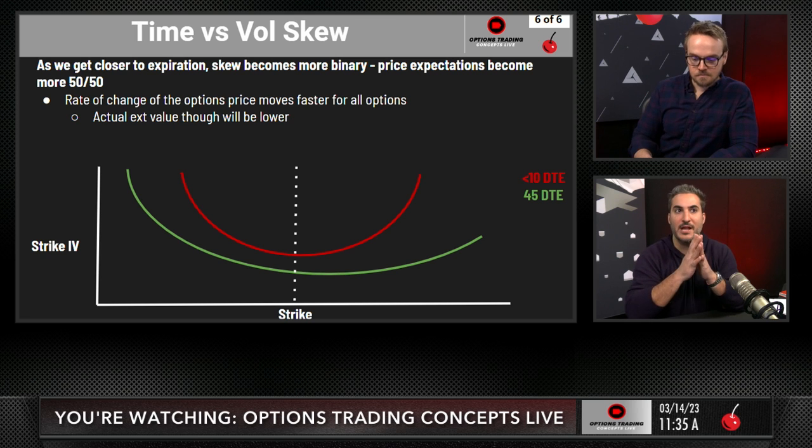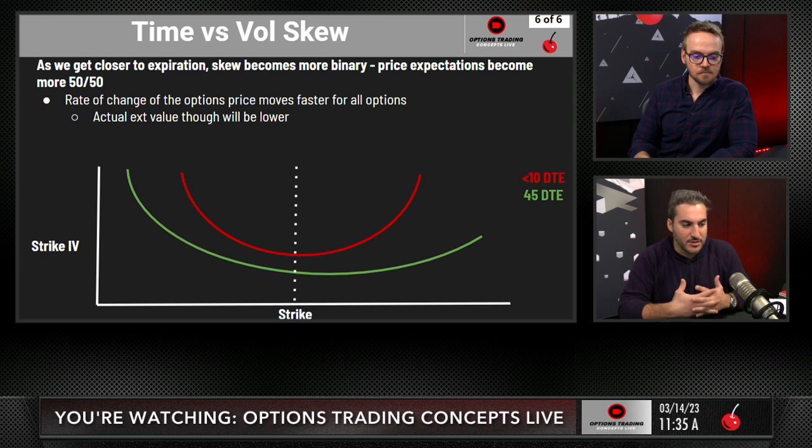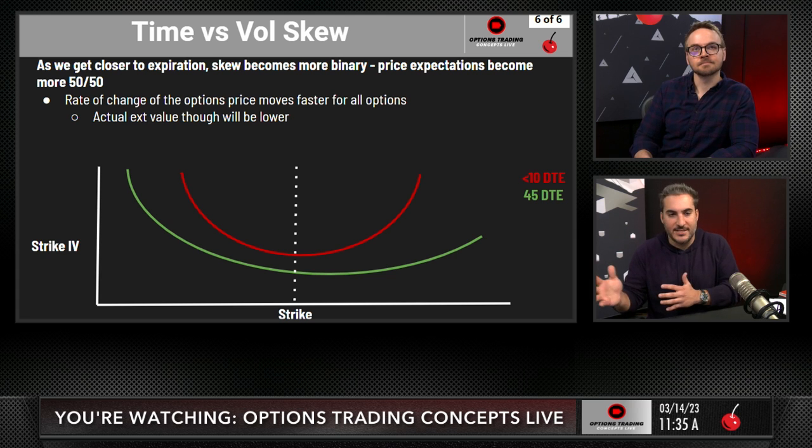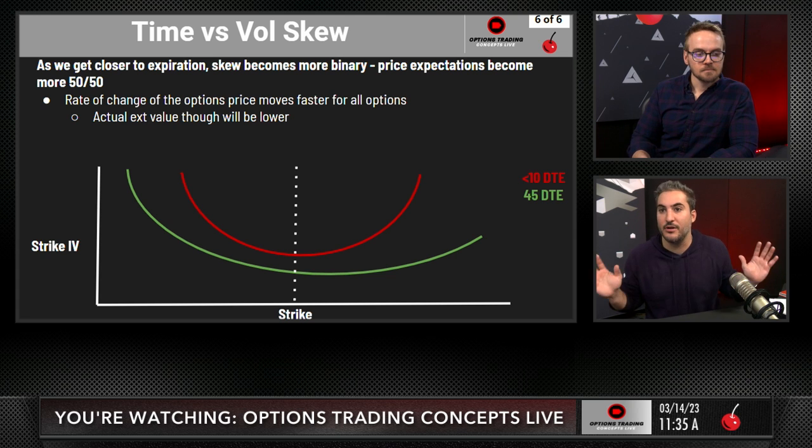probability of price movement is more so 50-50, right? So the longer duration you go, for the most part, all options are pricing in that time has the most value, right? Maybe you go up 3 days in a row and then you go down 3 days in a row and you're flat.